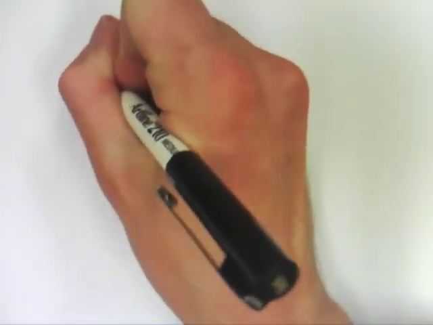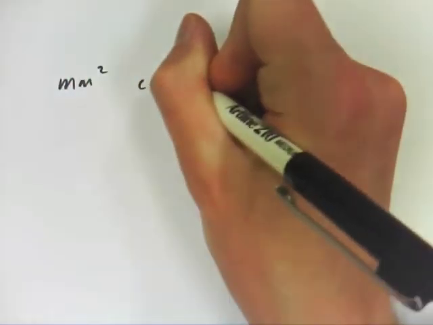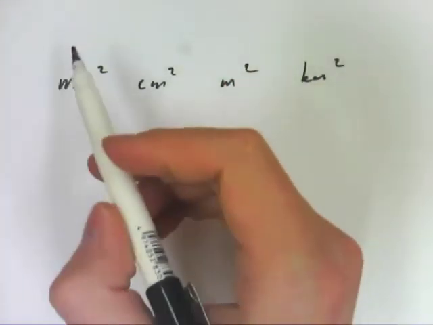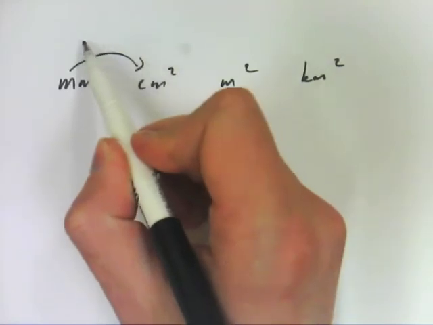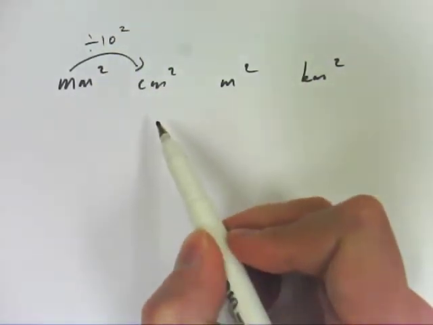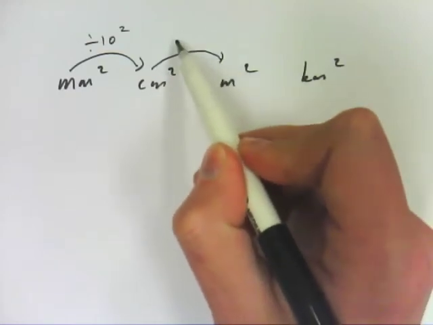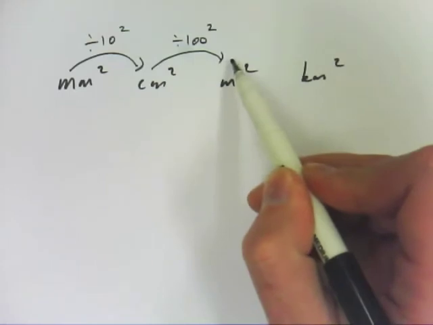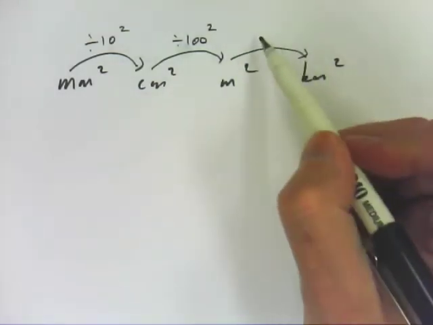So what you end up with is millimeters squared, centimeters squared, meters squared and kilometers squared. If you're going this way, you're dividing by 10 squared. If you're going this way, you're dividing by 100 squared. So the number you're dividing by doesn't change.